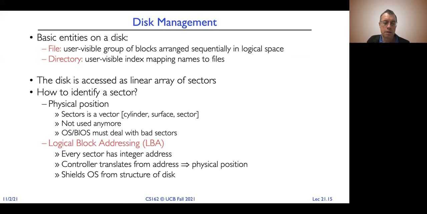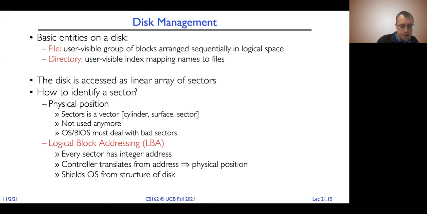So it's again a file system. You have directories and files. A directory you can think of as the user-visible index, mapping names to files, and the disk is just a linear array of sectors.